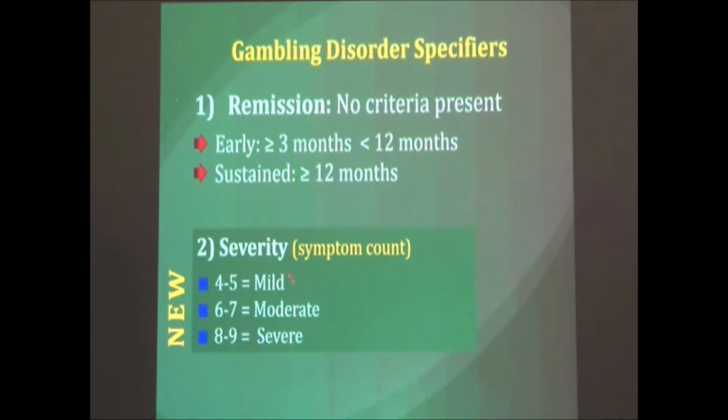So it's really just a symptom count, where tolerance or bailing out might seem a little more severe than problems in their relationships. It's just a numbers game. You're going to count the symptoms to get to the level that will coincide with the level of care that you're recommending.